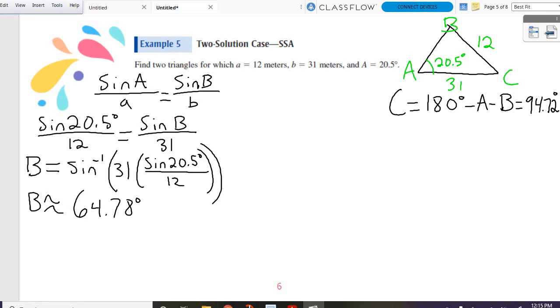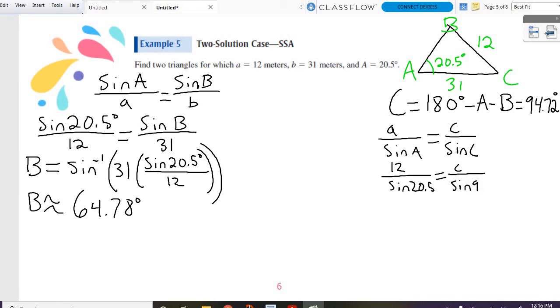Little c. Okay. So again, we want to try and use the information that they give us. So I'm still going to use A and sine of A. But now we're solving for little c. So we can go ahead and plug in our 12 divided by sine of 20.5 equals little c divided by sine of 94.72 degrees.